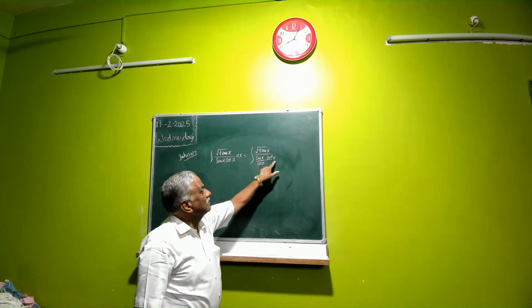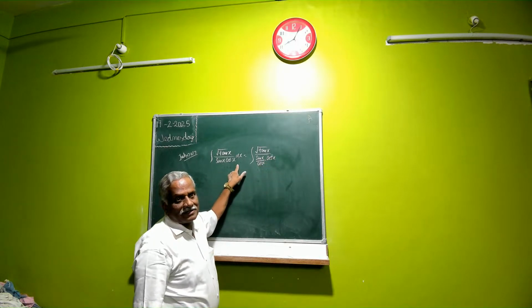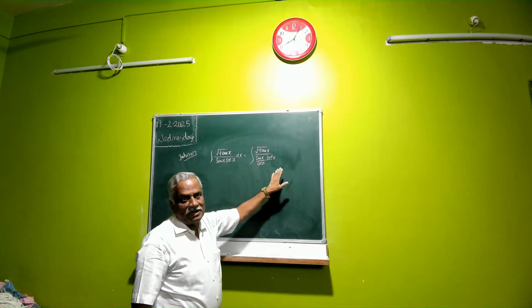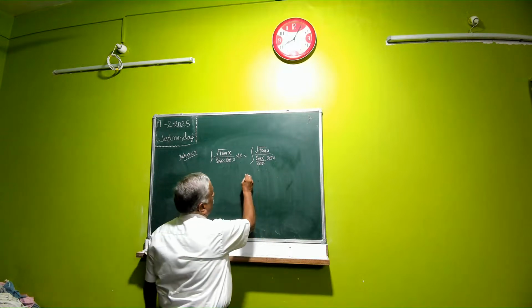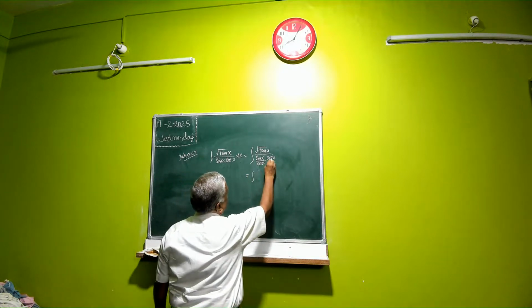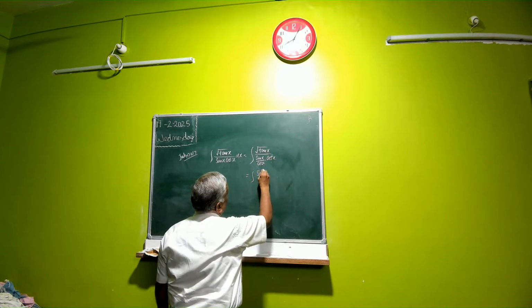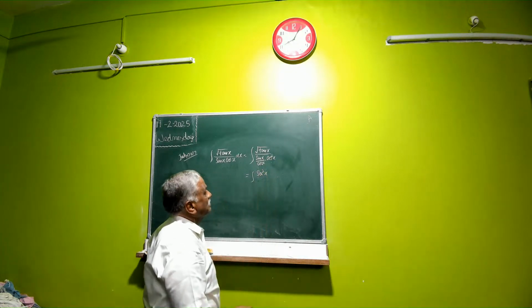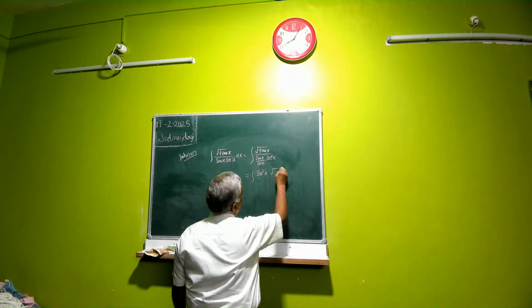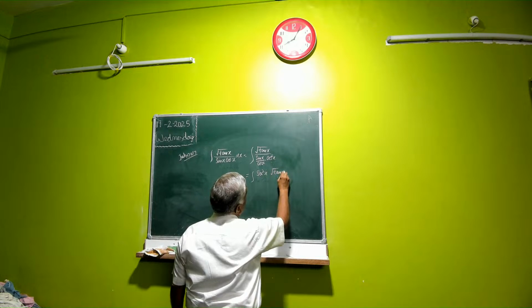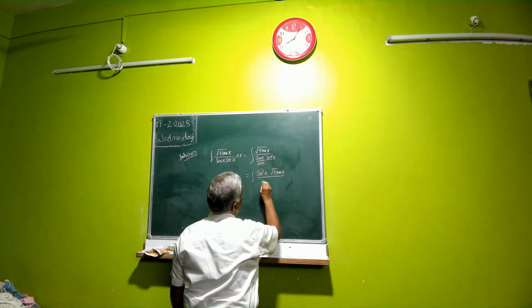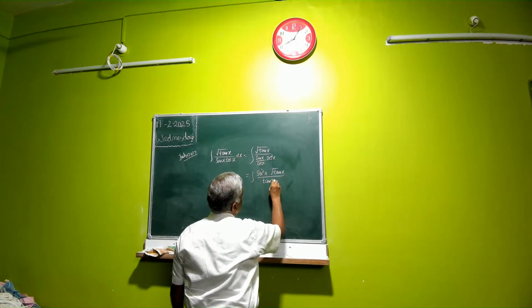I have divided and multiplied by cos x for a purpose. What is the purpose? This cos square x will go to the numerator. It becomes secant square x. Root tan x is as it is, and you are getting sin x by cos x, which is tan x.